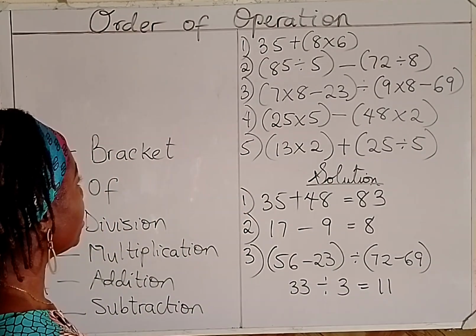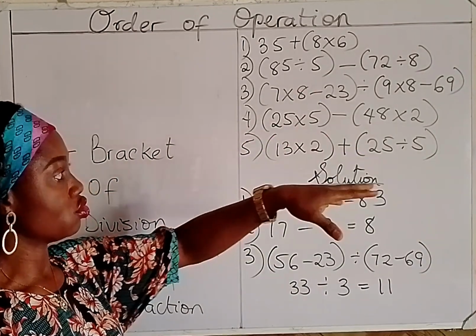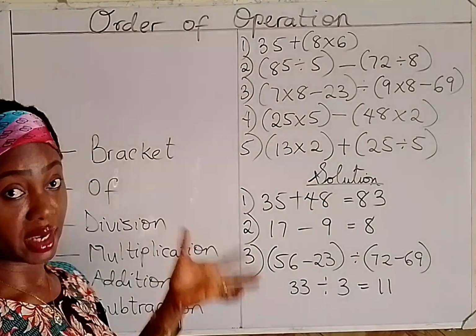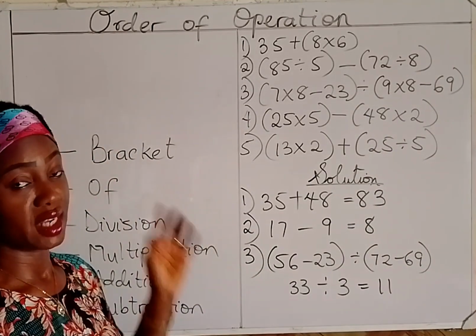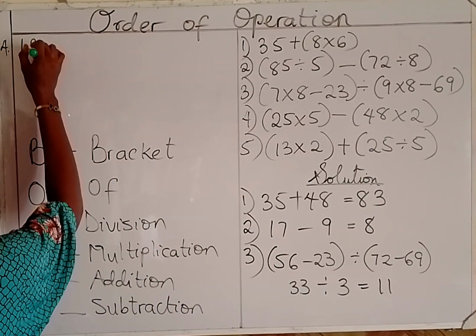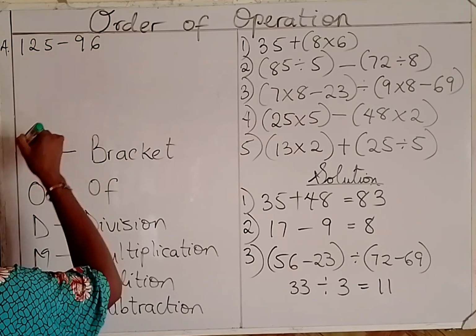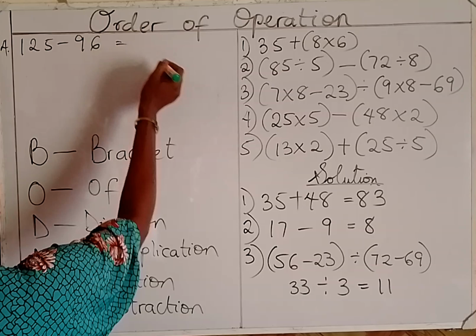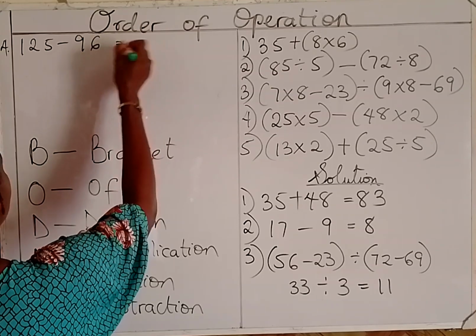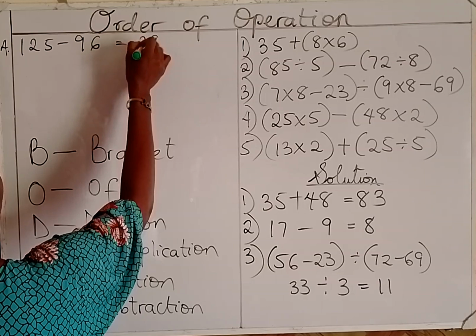Alright, so I'm moving on. Question 4 says 25 times 5 minus 48 times 2. We have to open the bracket first as usual. 25 times 5 is 125 minus 96. So what is 125 minus 96?